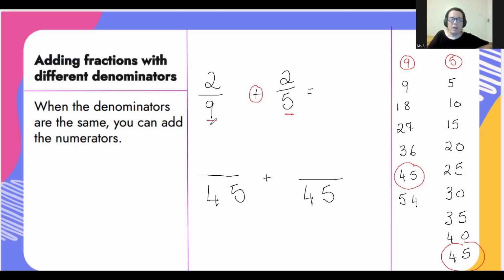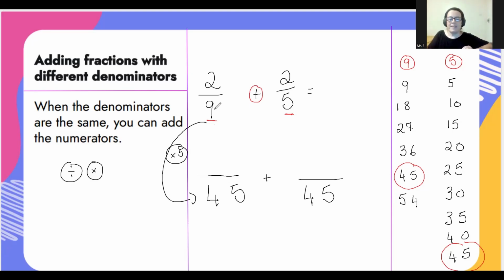So let's have a look here. This time, I'm going to have to actually do something with both denominators. To get from 9 to 45, I have to either divide or multiply. I can see that I multiply by 5.